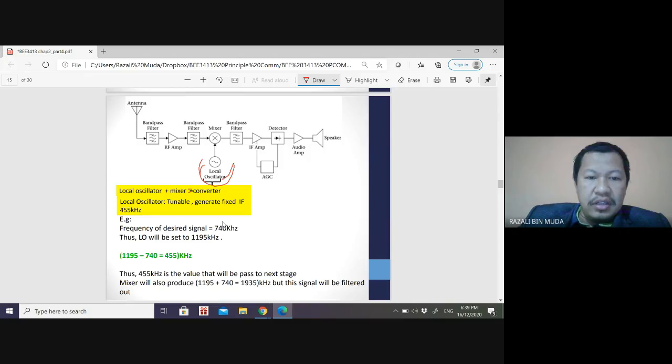The local oscillator is tunable and generates a fixed IF of 455 kHz.